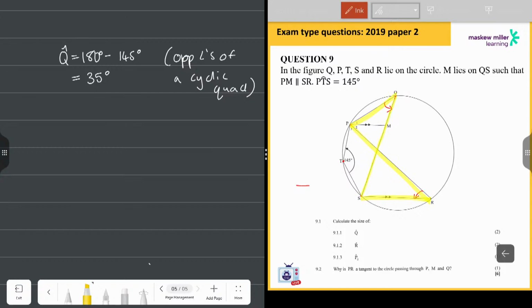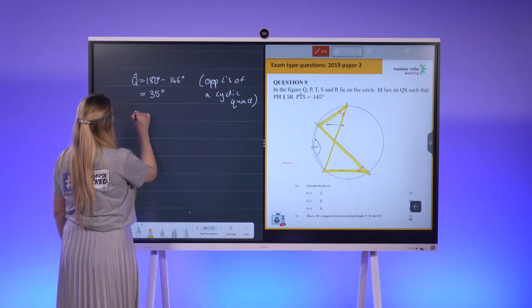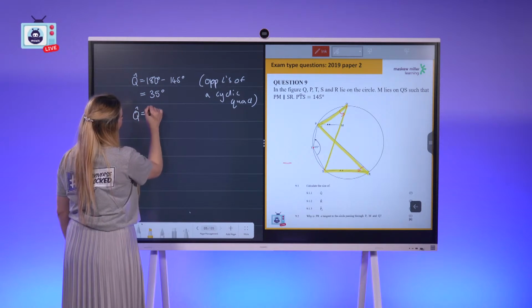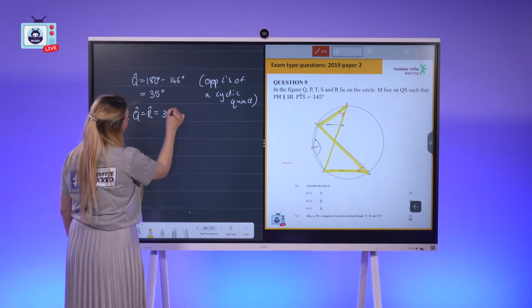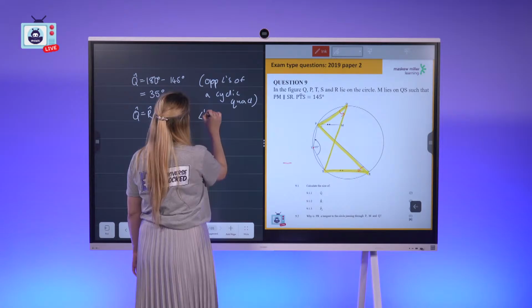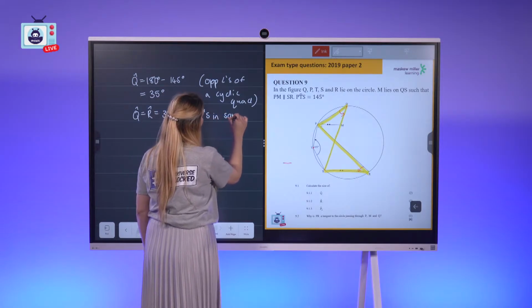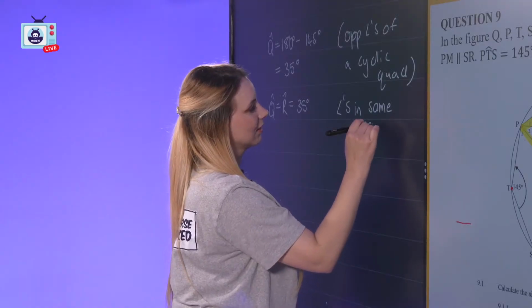If we have 4 points on our circle, it would mean that this arc PS subtends angle Q and PS also subtends angle R, which means that those angles are in the same segment and they will be equal to each other. So Q is in fact equal to R, which is equal to 35 degrees. Your reason is angles in same segment.